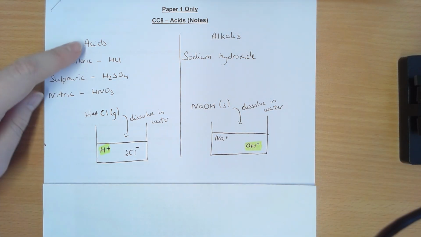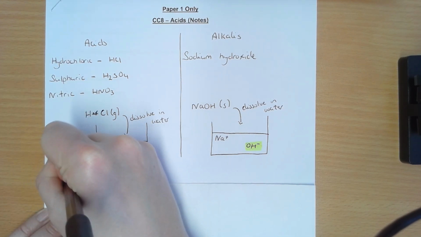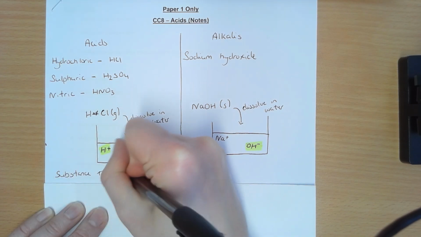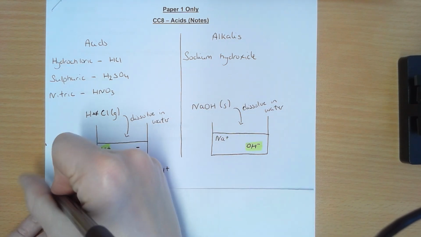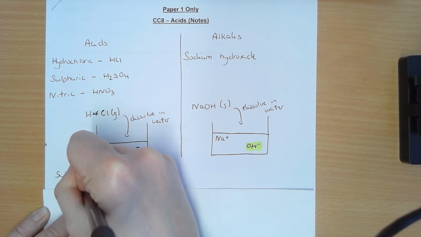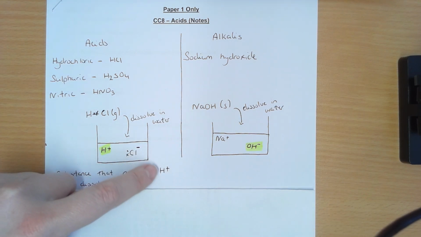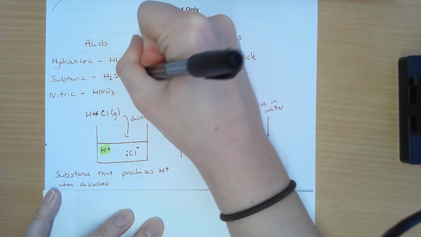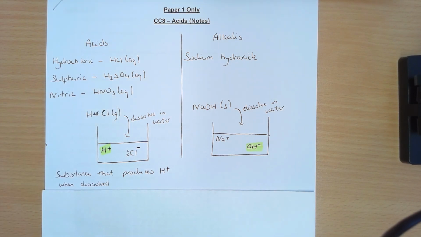So by definition, if you want to know what an acid is, it is a substance that produces H+ ions when dissolved. And because they have to be dissolved to give you the H+ ions, the state symbol for every acid is aq. Always. If they're telling you an acid, it must be aq.